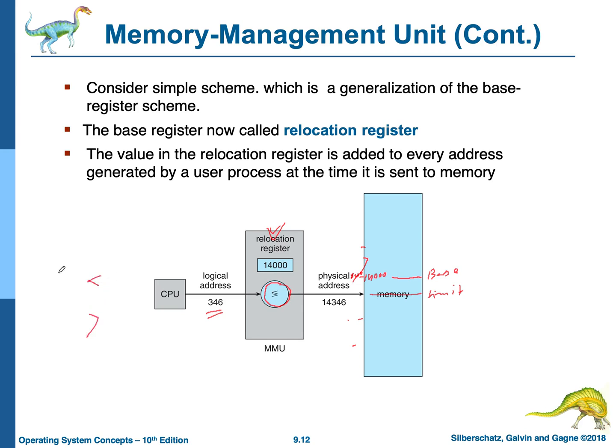When we compare with the base, whatever new address is coming is added to this relocatable address. Suppose it's 14,000, then 14,000 plus 346 becomes 14,346.